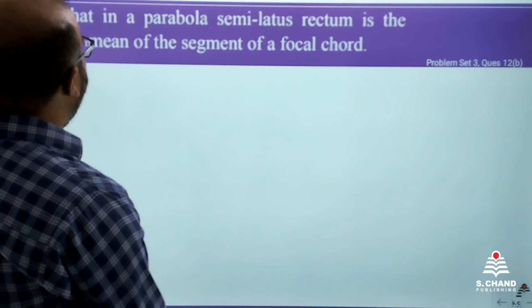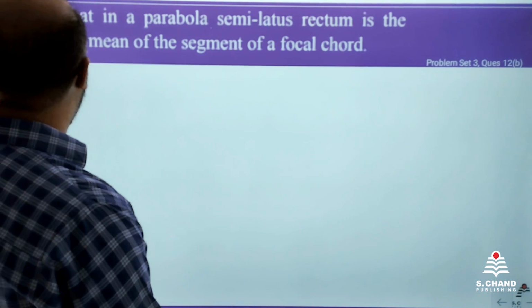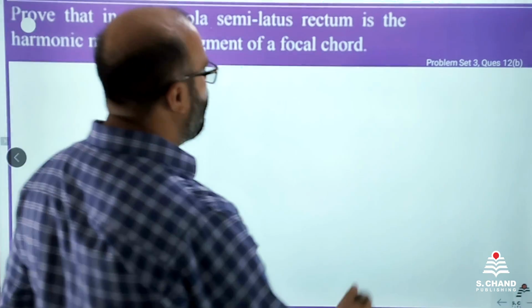Now let us come to the next question. It says, prove that in a parabola, semi-latus rectum is the harmonic mean of the segments of a focal chord.